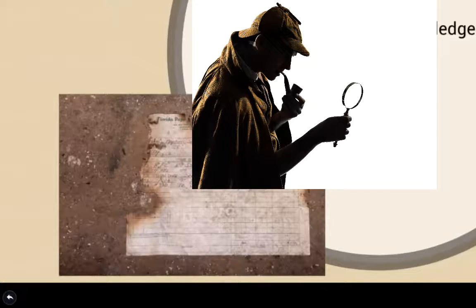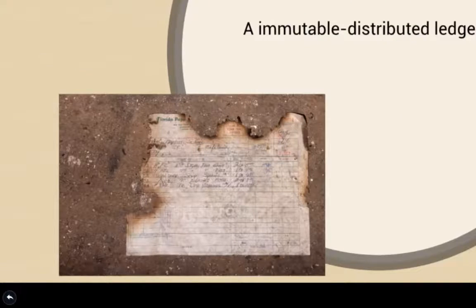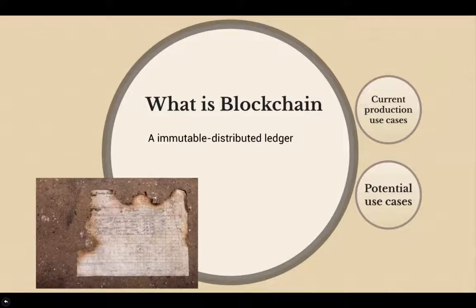And that ledger is protected both from a security perspective, making sure only those who are allowed to read the ledger can read it, and from an integrity perspective, so that no one can just go in and erase the data within the ledger.